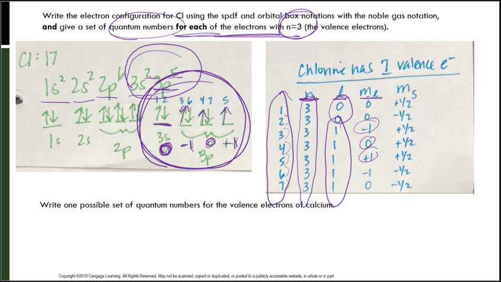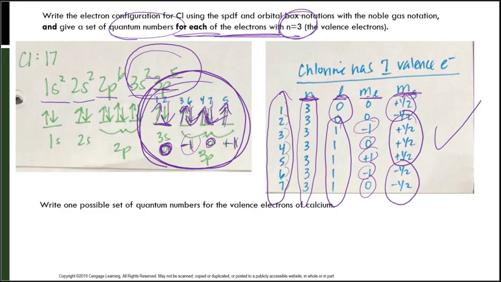And then I went back and I went down, down, so in the -1 and the 0. And then lastly, I'm going to look at my spin. For my s's, I'm going to have +1/2, -1/2. And then I'm going to have +1/2, +1/2, +1/2. And then when I went back for 6 and 7, -1/2, -1/2. And there's your 7 quantum numbers.